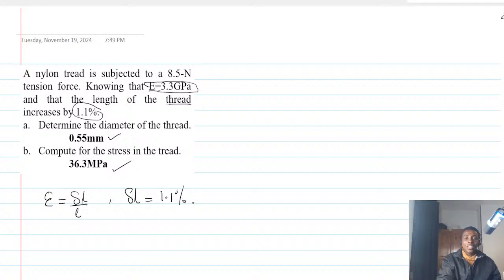In other words, if I express the change in length as a fraction, the change in length by the original length was actually 1.1%. And what is 1.1%? So 1.1% will be 0.011, right?